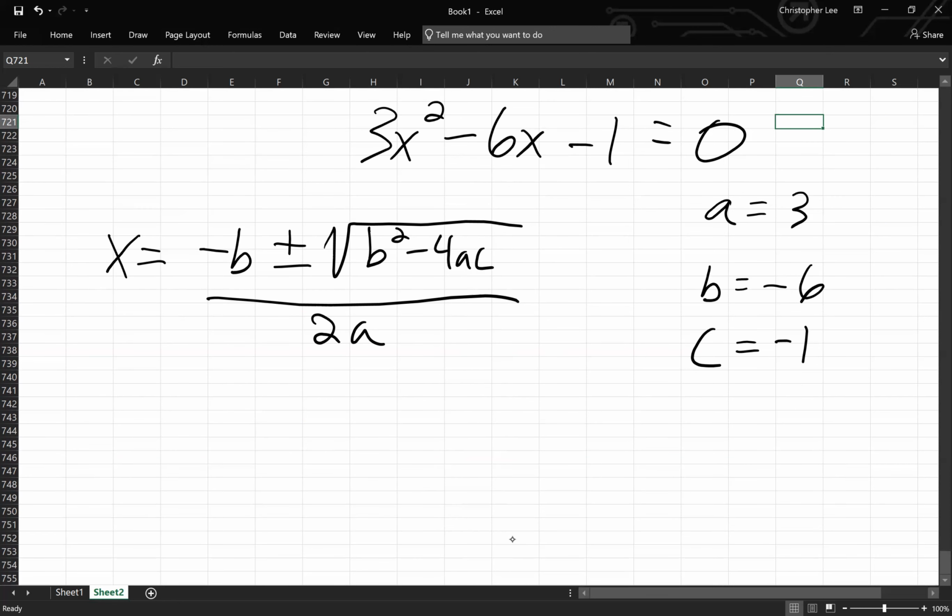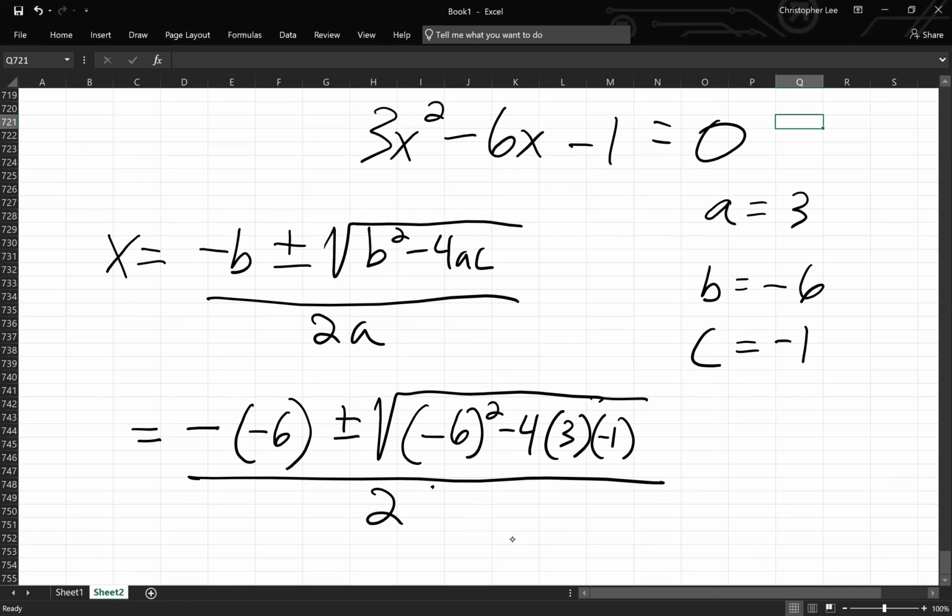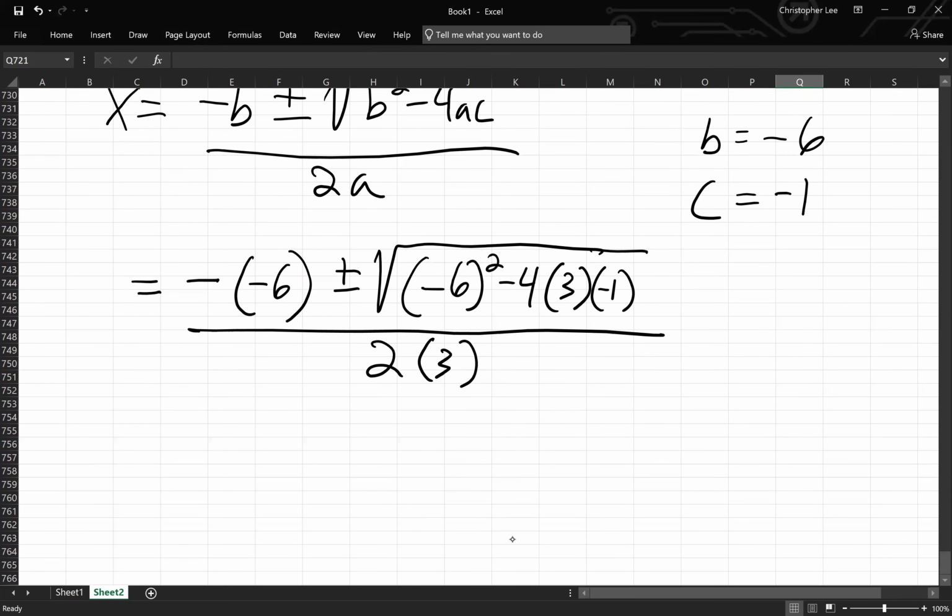I'm just gonna plug it in just to let everybody see though, but it's negative, and -6 plus or minus square root, -6 squared minus 4 times A times C, all over 2 times A, which is 3, right? And after that, just do the math.